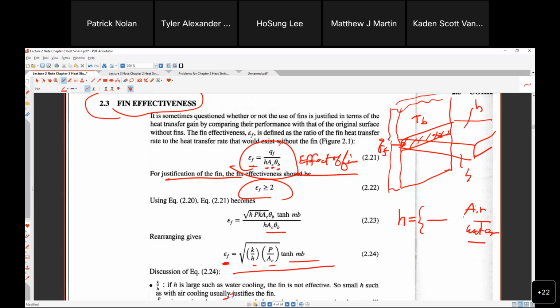It depends on the velocity. Is it smaller than one? No, no. It's 5 to 20 watt per square meter kelvin. So water, anyone?